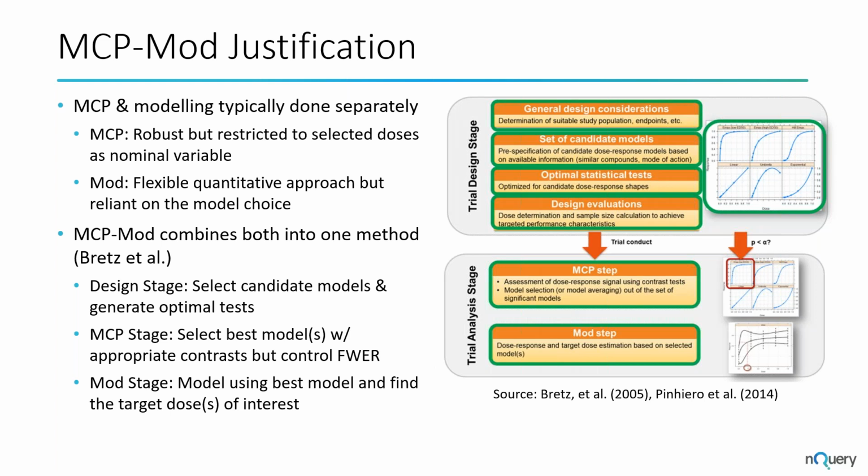There's also a great deal of flexibility using MCP-Mod, both in terms of the number of models and doses considered, and also in terms of the desired endpoint, thanks to extensions to the original method that have continued to come from further work in the area.